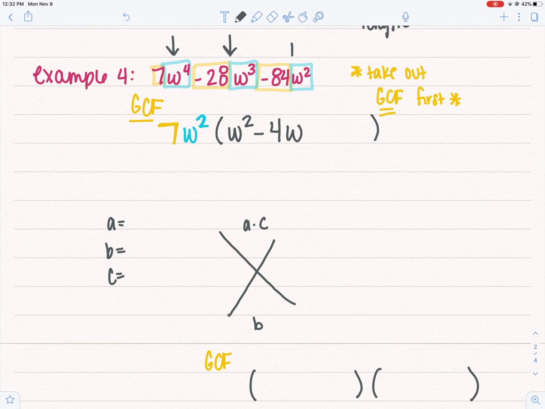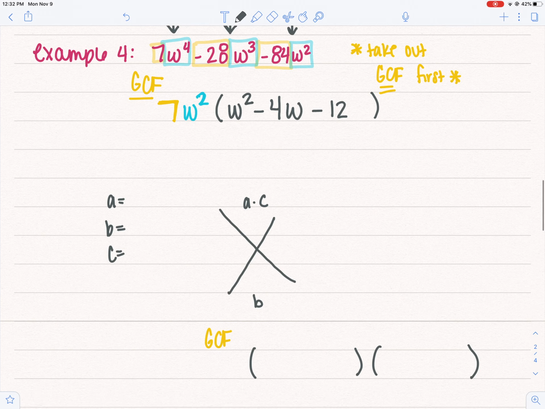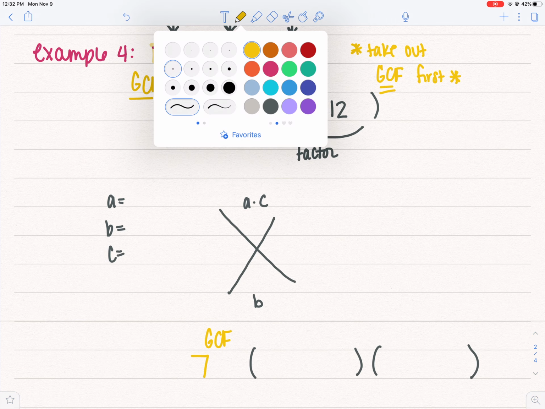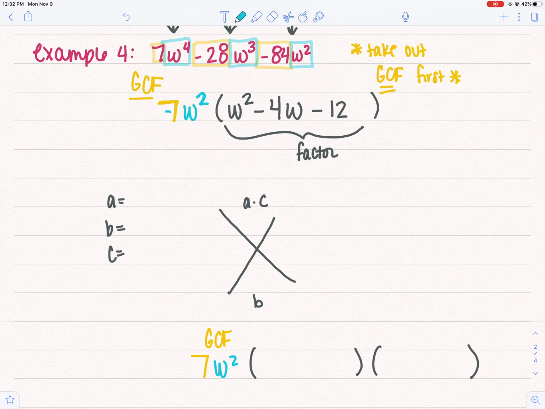Negative 84w squared: negative 84 divided by 7 is negative 12, and w squared divided by w squared is 1. So I just have negative 12. Now this part I'm going to factor, and then that GCF is just going to drop down. So I'll have 7w squared drop down in front of my answer. Once you factor out a GCF, you then factor the parentheses, whatever is left, and the GCF is just out front.